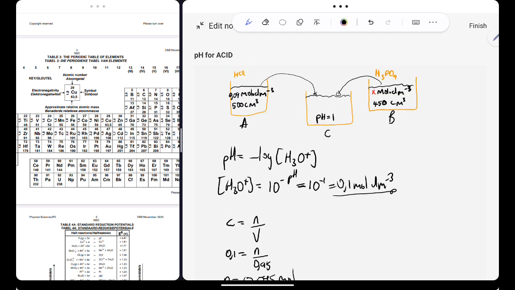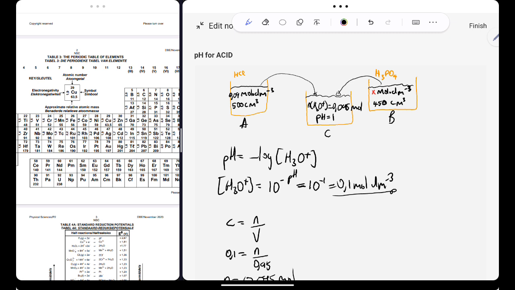All right, together. So the number of moles of hydronium ions, H3O plus, is 0.095 moles. All right, together.